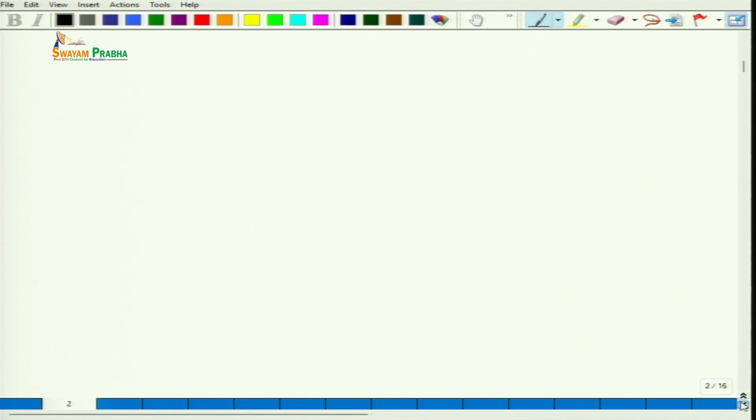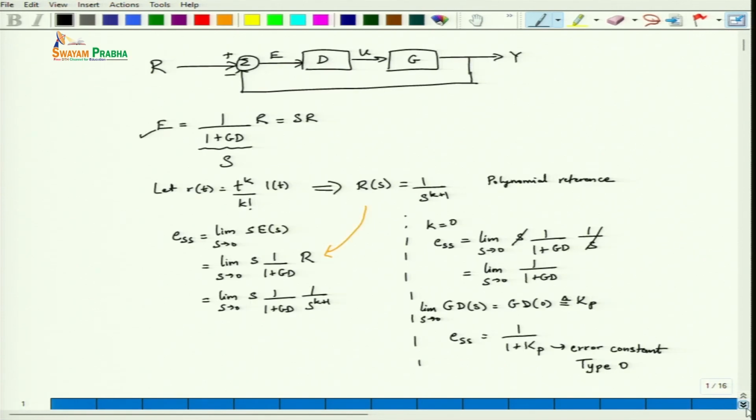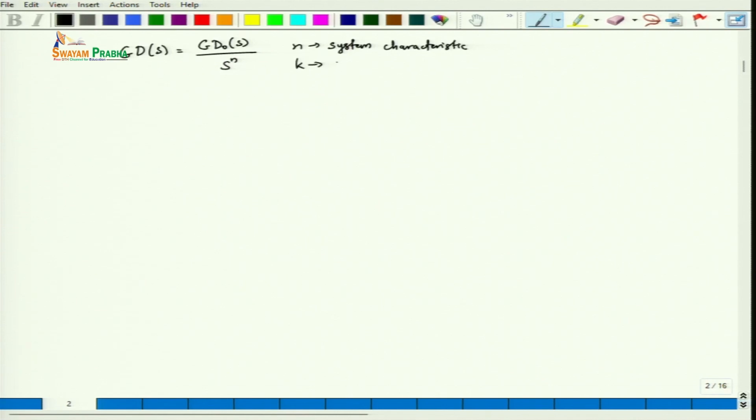Now let us consider that this G into D of S can be expressed as GD0 of S divided by S to the power n. Here n is a system characteristic, and what we have seen so far, k, is a characteristic of the reference.